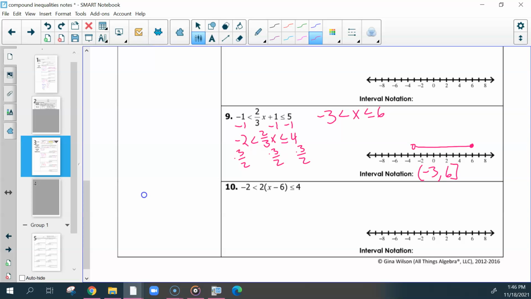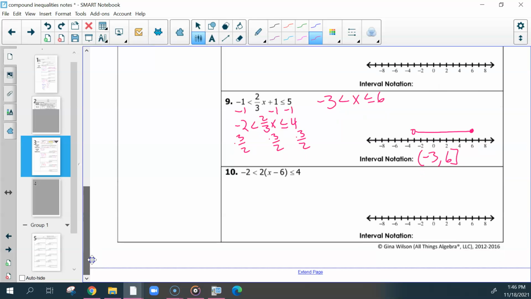In the last example, you could do this a couple different ways. So I'm going to show you both. One is going to distribute, and one is going to be to get rid of the two altogether. So let's distribute first. So then we could, this is supposed to be -12.